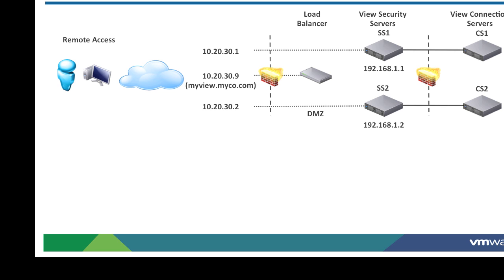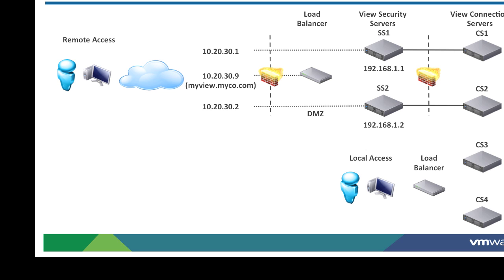So in the situation where you're supporting remote access for View, but also you're supporting local access to the same View environment, you may have separate connection servers to support the local access case. So let's extend this diagram now to show two more connection servers, CS3 and CS4. And they're basically in this picture to support local access. So this is a local access user not using View security servers, just accessing the environment locally.